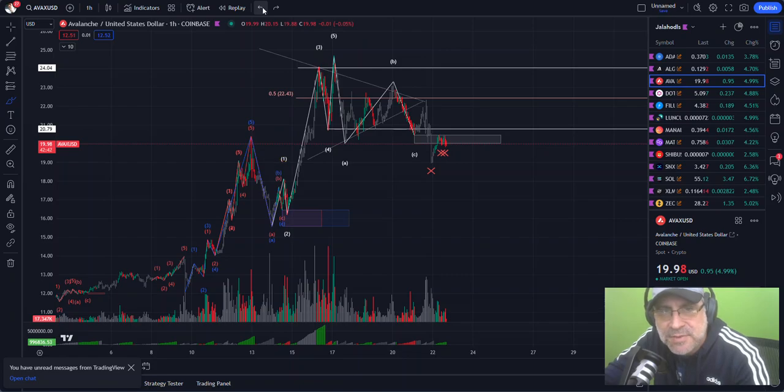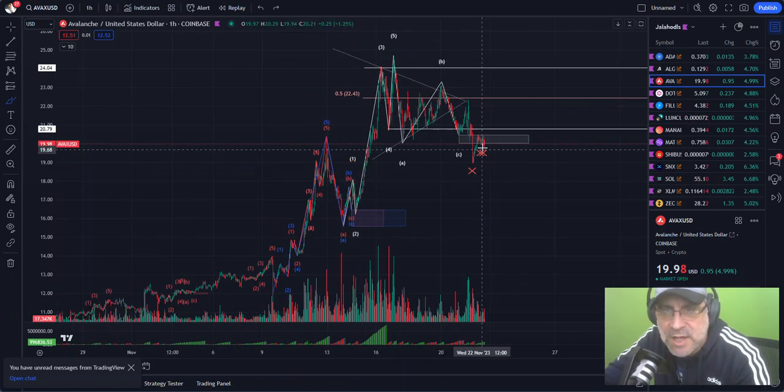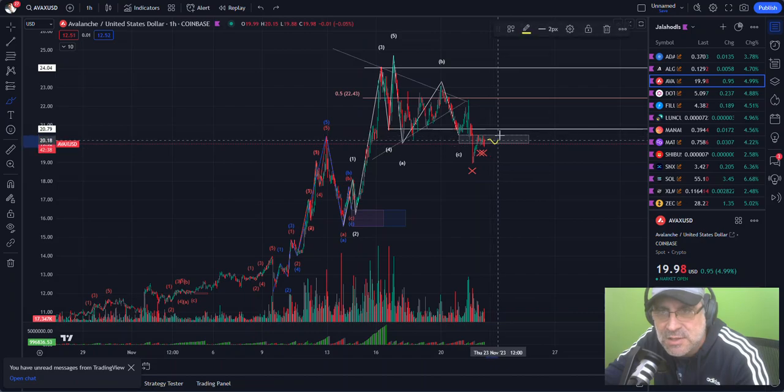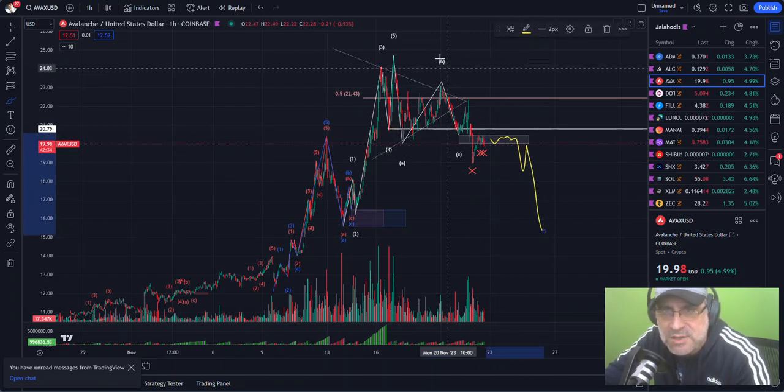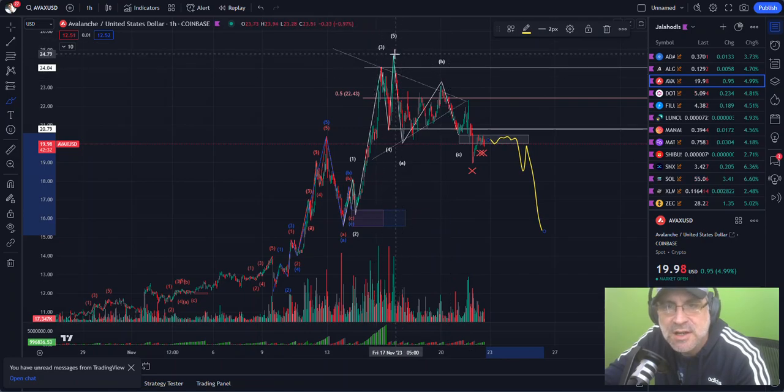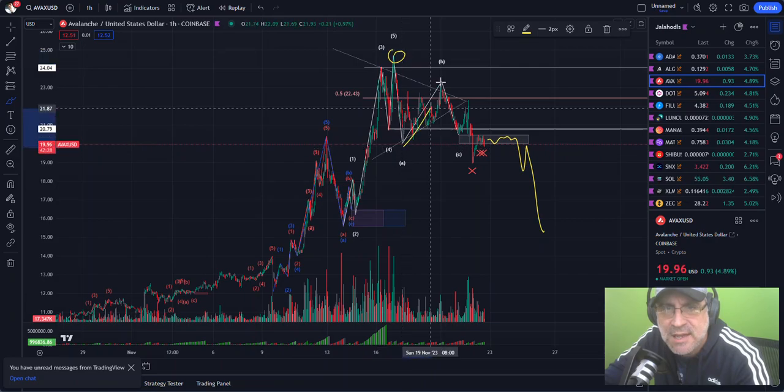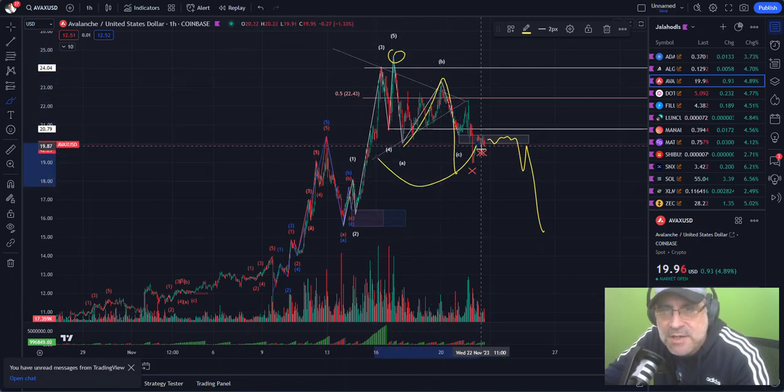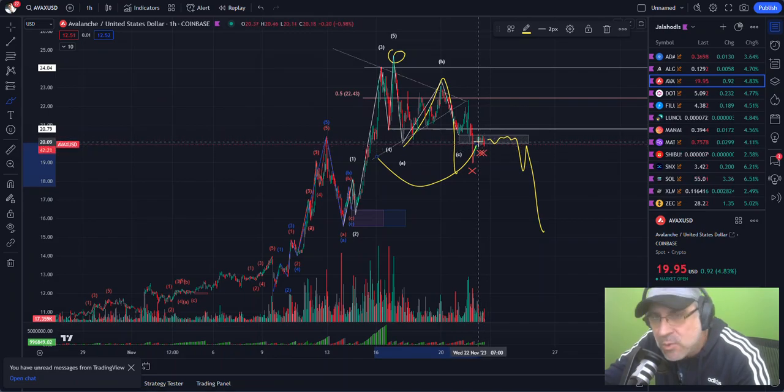But instead, I would wait and see what it does here, get some more consolidation, and then it comes back down. We could see that, and that would constitute the, here we have the ABC, by the way, the corrective. So here's the A, the B, and the C. Mitigated this top here, and then now we're going to start a new Elliott wave.